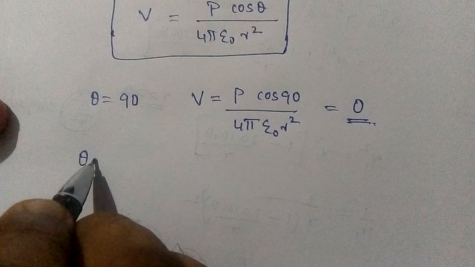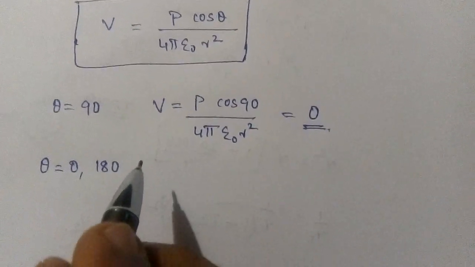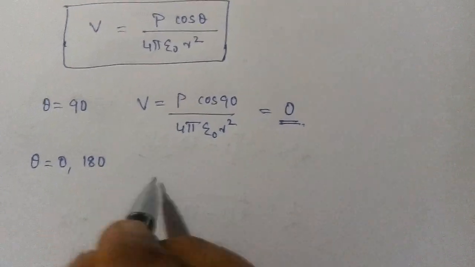Now if theta is equal to 0 or theta is equal to 180, it is the axial line.